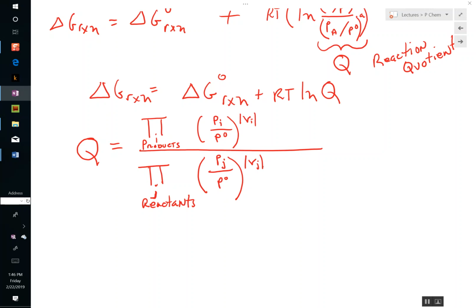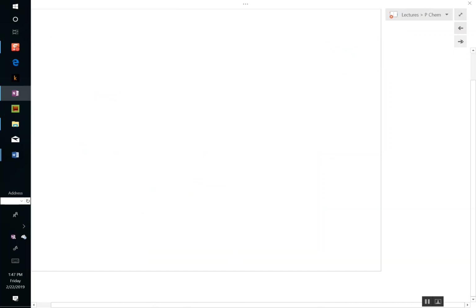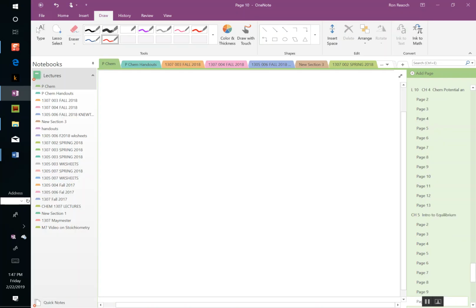So now we're using just the absolute value of those coefficients in this equation. Okay, where did that get us to? Did that get us anywhere?